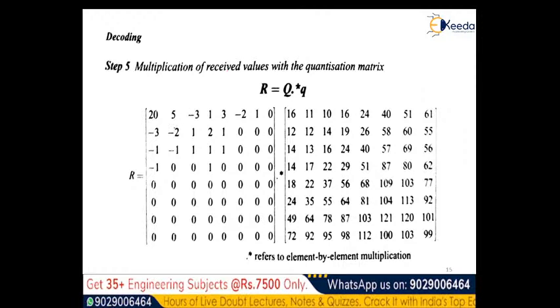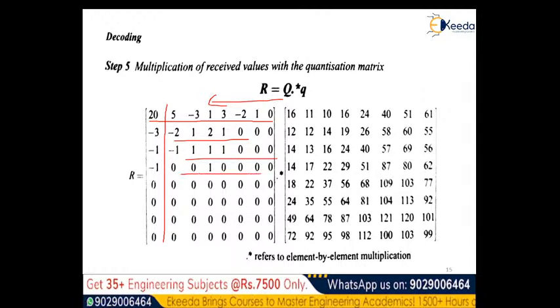In the next stage, for the capital Q, we have 25, -3, 1, 3, -2, 1, 0, and in the first column after 20 we have -3, -1, then the rest are 4 zeros, and all other element values are also there. The same substitution we have made here. The small q we have taken from the problem statement.